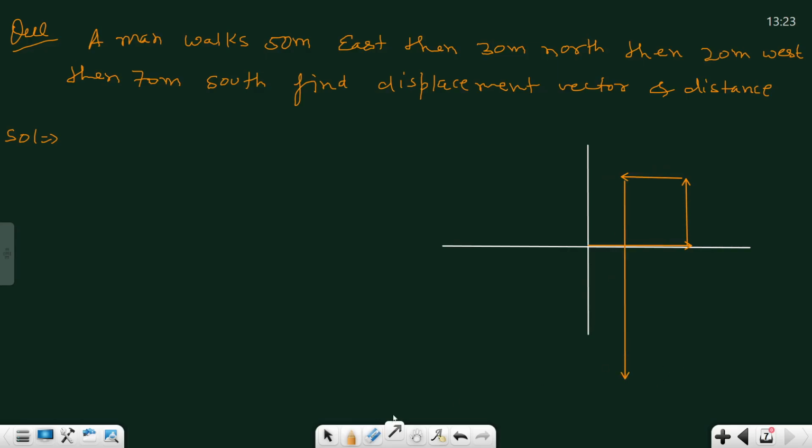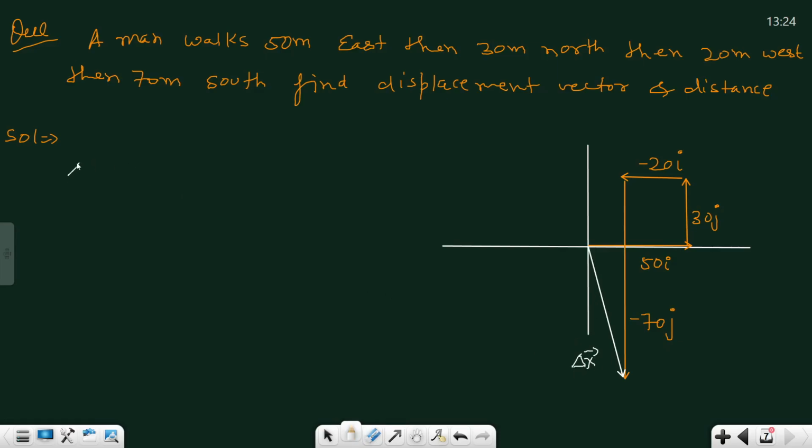So the first one is 50i, then 30j, then minus 20i, then minus 70j. So the final displacement vector will be like this. This is the final displacement vector. We will call it delta x vector, ठीक है?